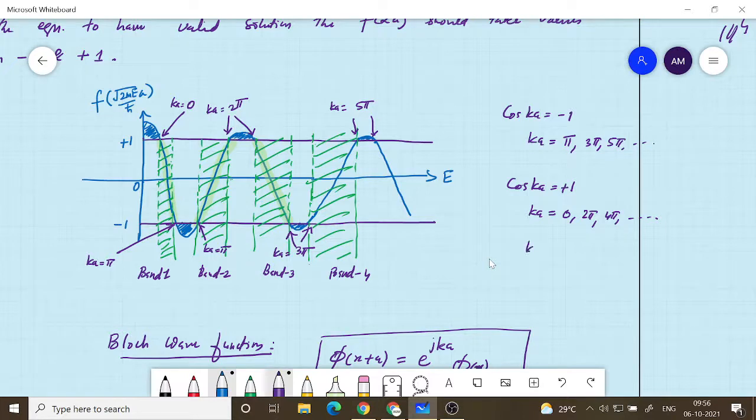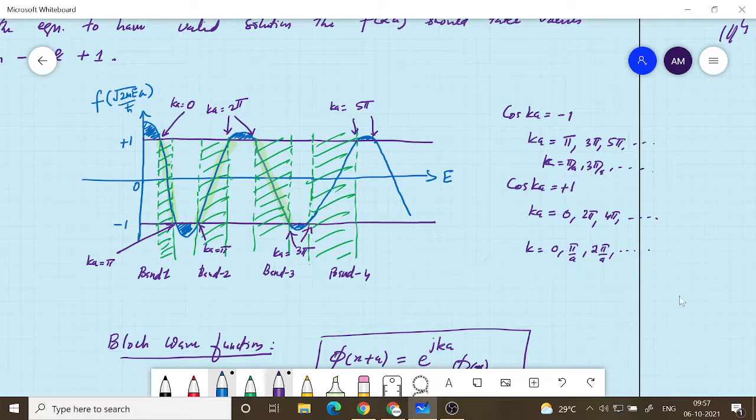So you can say that k is equal to 0, pi by a, then 2 pi by a, etc. And similarly here also I can say pi by a, 3 pi by a, etc.